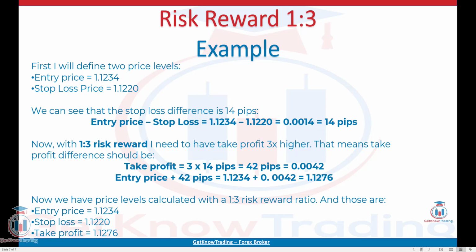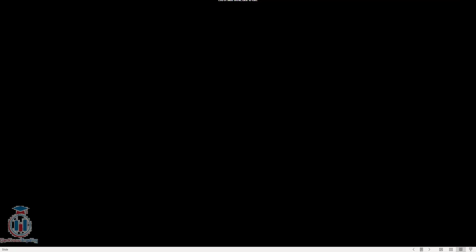And that would be equal that the take profit should be 1.1276. Now you have these three levels calculated with 1/3 risk reward ratio, and you can see them here. So if you open this order in your trading platform, this means that you would have a trade that has a risk reward 1/3, calculated with the pips.